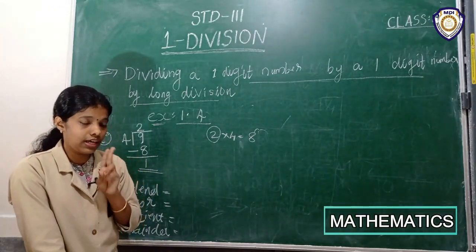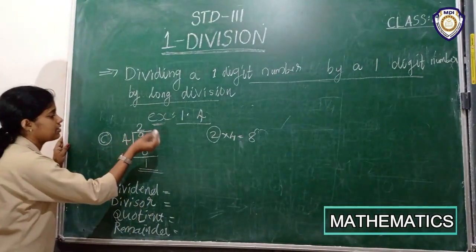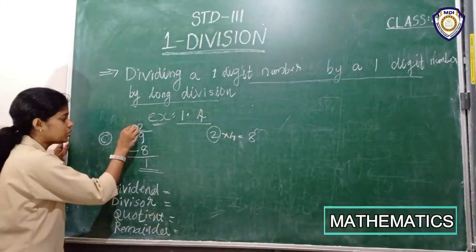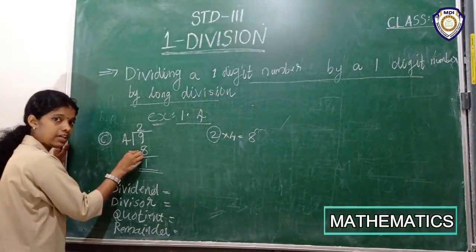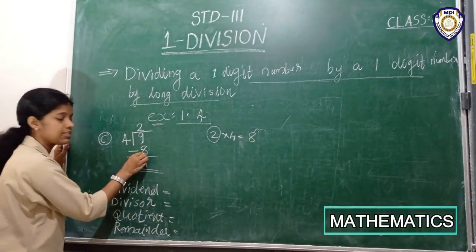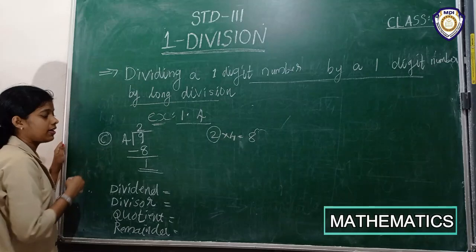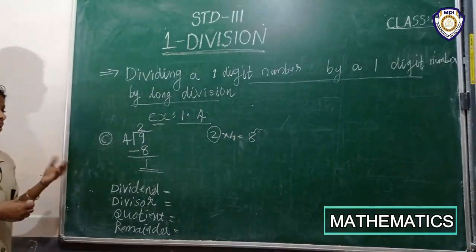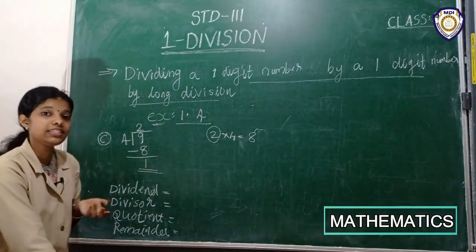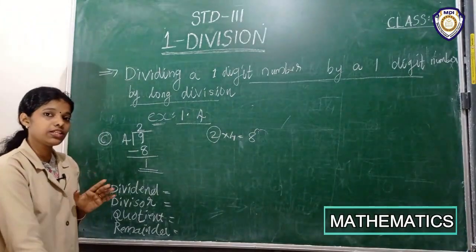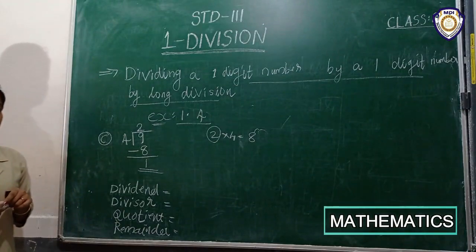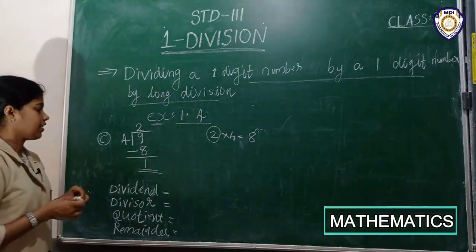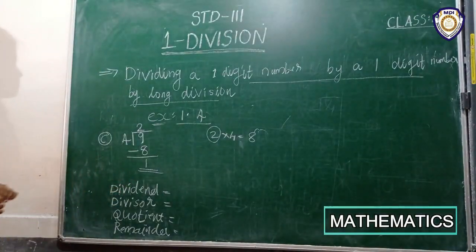Write 2 here. 2 fours are 8. 9 minus 8, 1. We already learned division is repeated subtraction. Write the dividend, divisor, quotient and remainder.